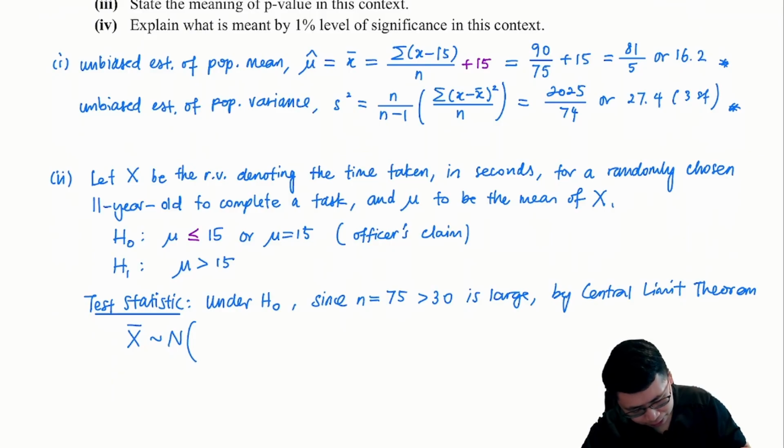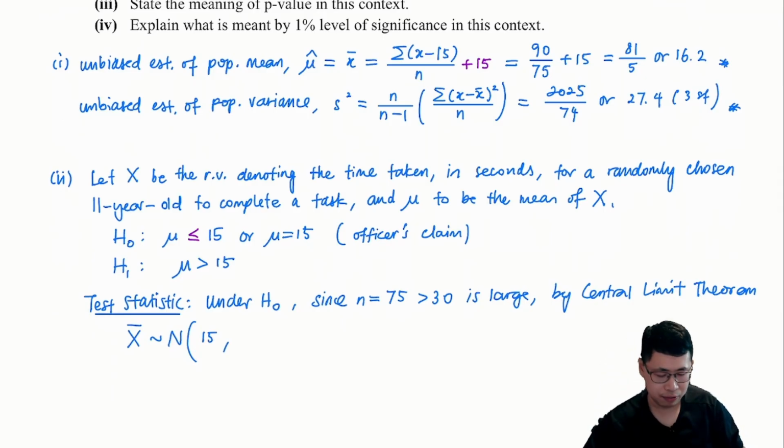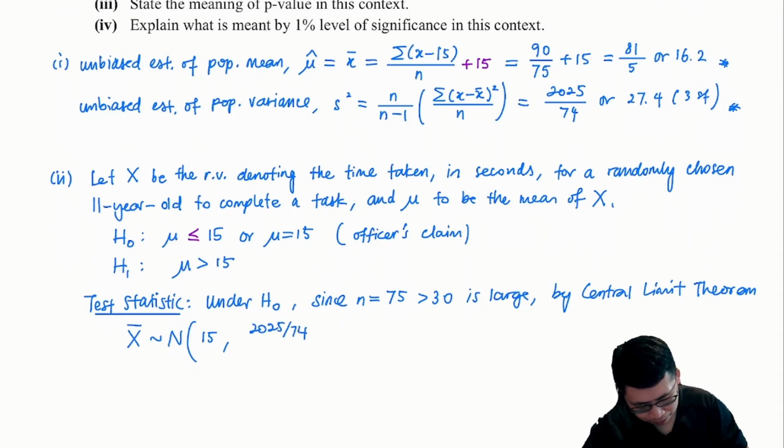Now, under H0, meaning we're going to take this population mean, mu would be equal to 15. And because we don't have our population variance, we're going to take the estimate of our population variance over here, which is 2025 divided by 74. This is the variance divided by n, which is 75, approximately.